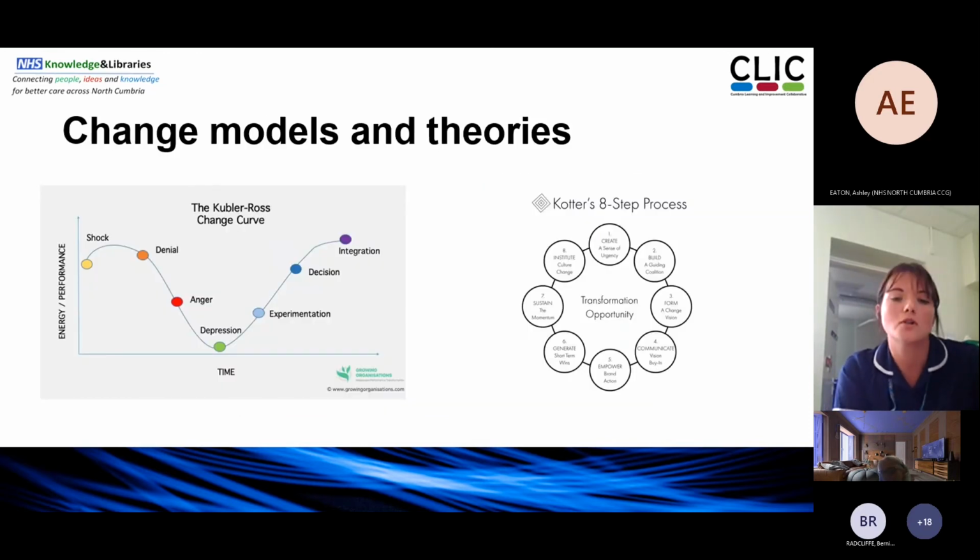So just quickly touching on change models and theories. I personally have looked into a lot of change models with implementing change in the past, and I've always used them as a guide.